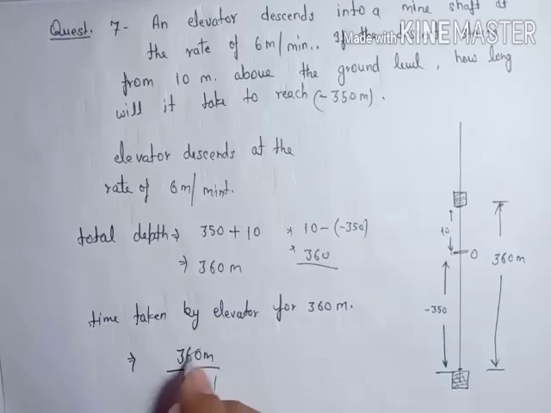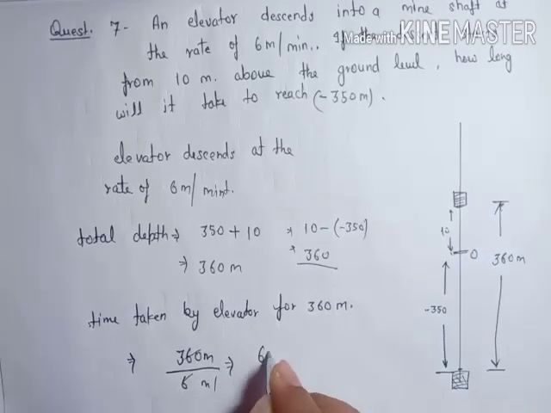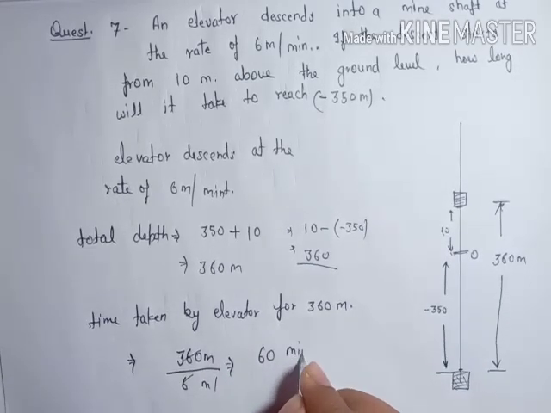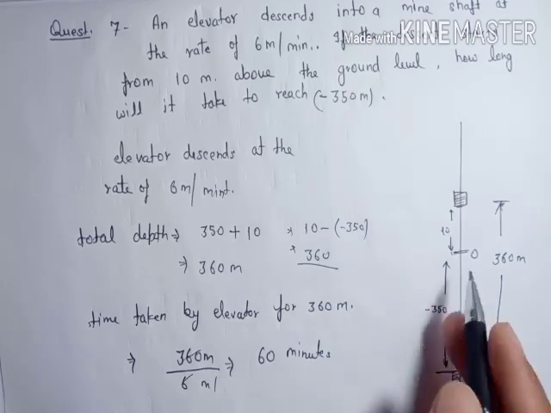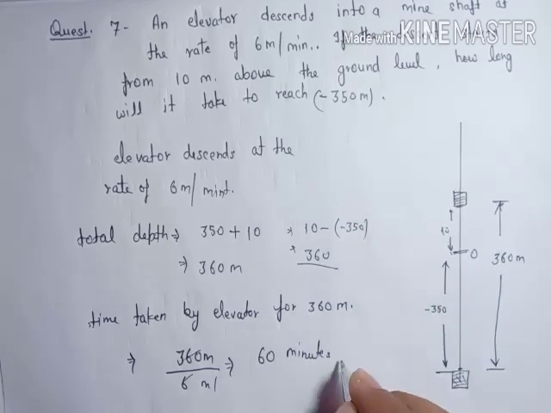So you can see that it takes 60 minutes to reach the level of minus 350 meter below the ground level, and this is your answer.